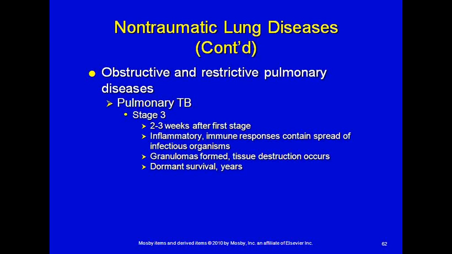In stage 3, the tuberculosis occurs 2 to 3 weeks after the first stage, and you have an inflammatory immune response that contains the spread of the infectious organisms. Granulomas are formed, tissue destruction occurs, and then it lies dormant for years inside the lung tissue or wherever it settles.